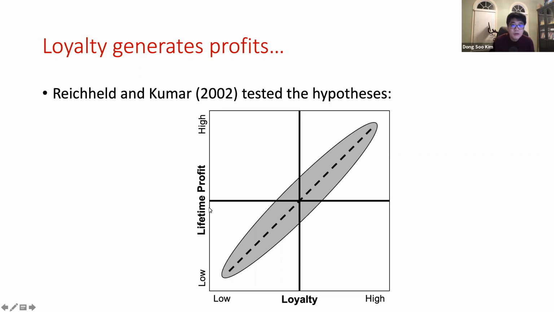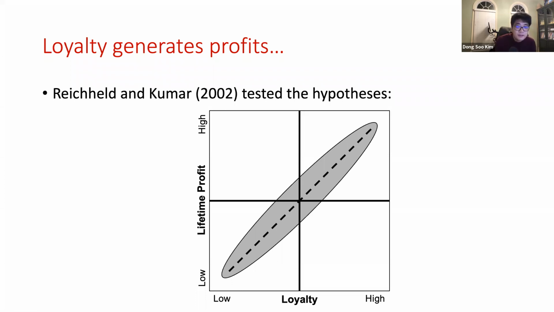Rachel and Kumar scattered the customers in their data on this plot and found a very strong correlation between loyalty and lifetime profit.